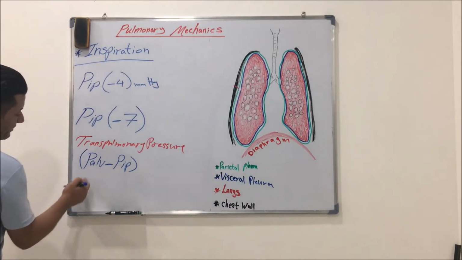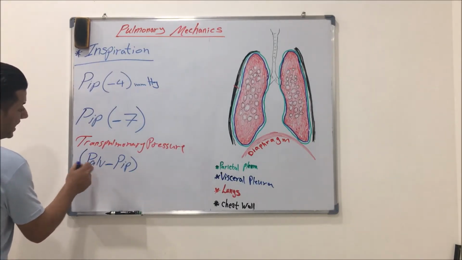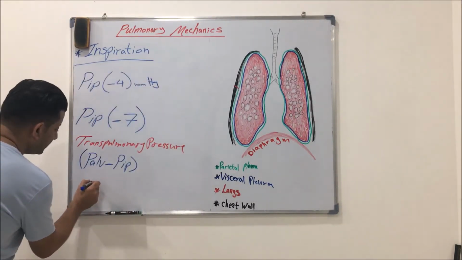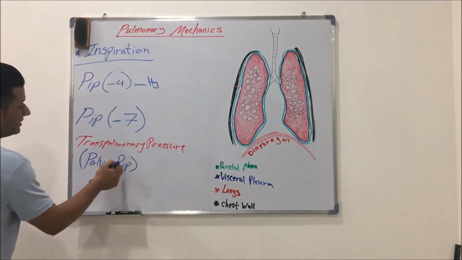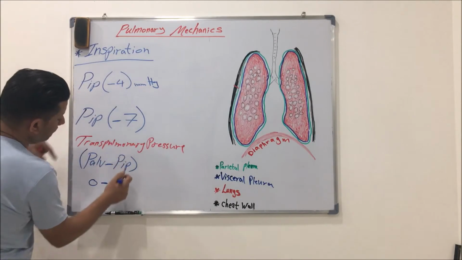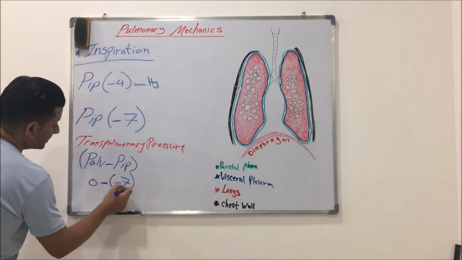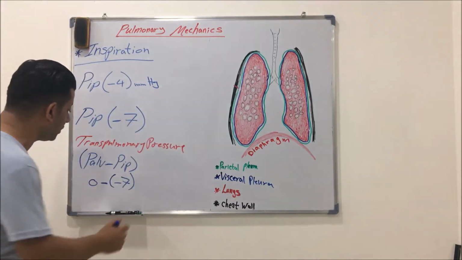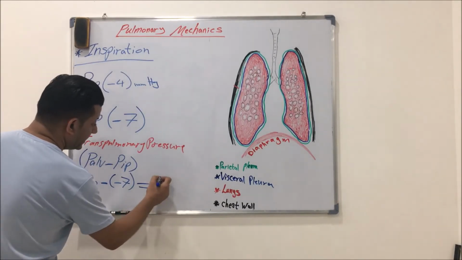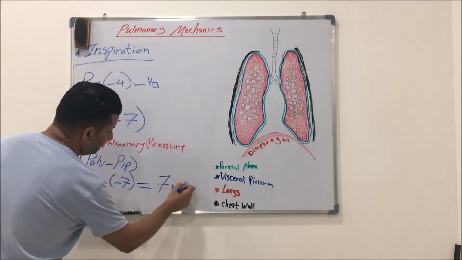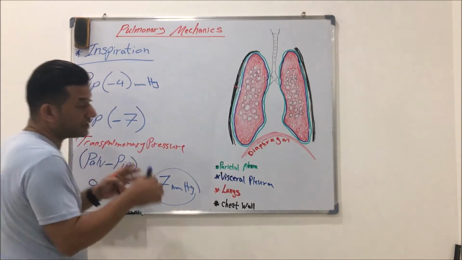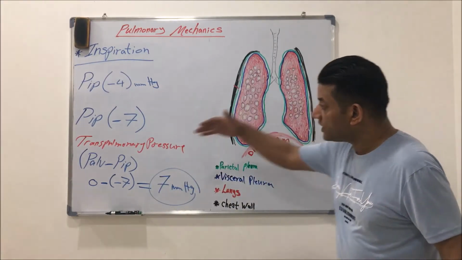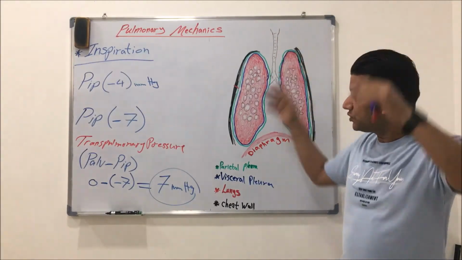But now, the pressure inside the alveoli at the start of inspiration was 0, minus the intrapleural pressure, which now becomes -7 because of the pulling force of the expanded chest wall. So the final result will be 7 millimeter mercury as the transpulmonary pressure. So we have noticed that the transpulmonary pressure has now increased from 4 to 7.